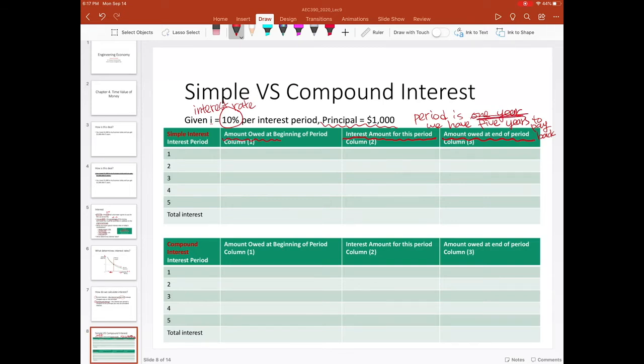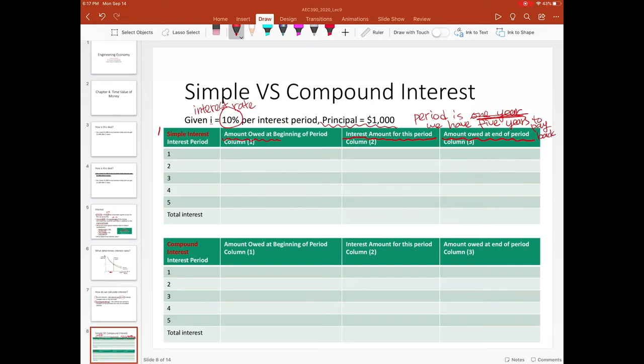So every year, the bank will calculate the interest. All right, so now we have the two tables. The first table uses the simple interest method, where we assume the bank says, hey, we just use the simple interest type. All right, now let's calculate the numbers in this form.